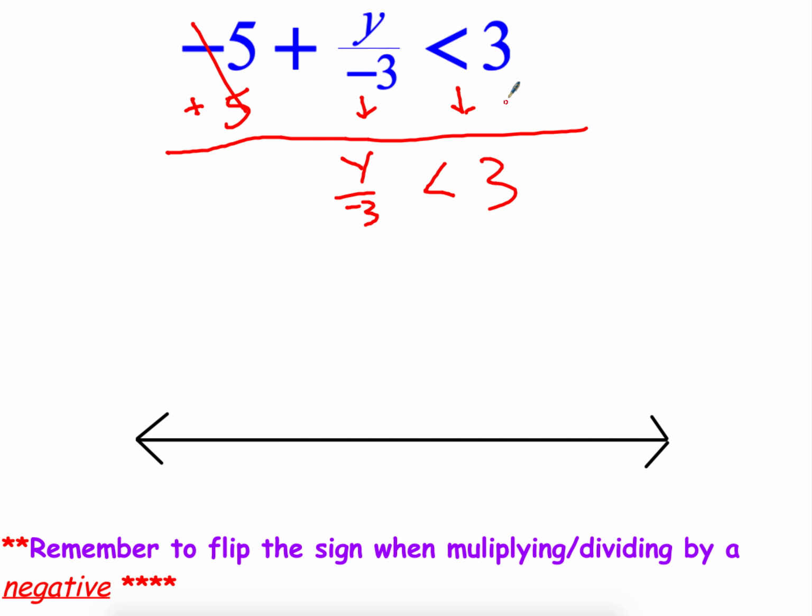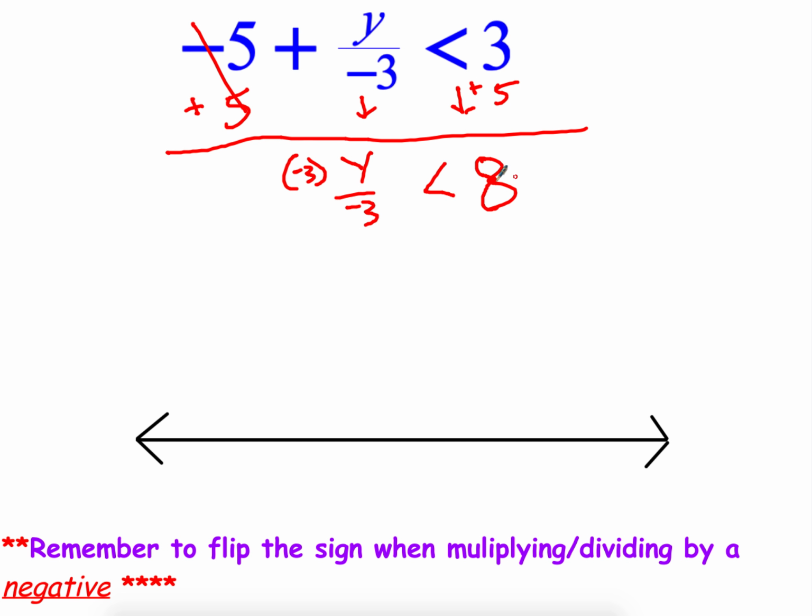And I made a major mistake. Hopefully you guys caught me. Whatever I do on the left side, I have to do on the right side. So I should have had 8 here. There we go. All right, cool. So now I've got to get rid of the y divided by negative 3. The way I get rid of division is I do multiplication.